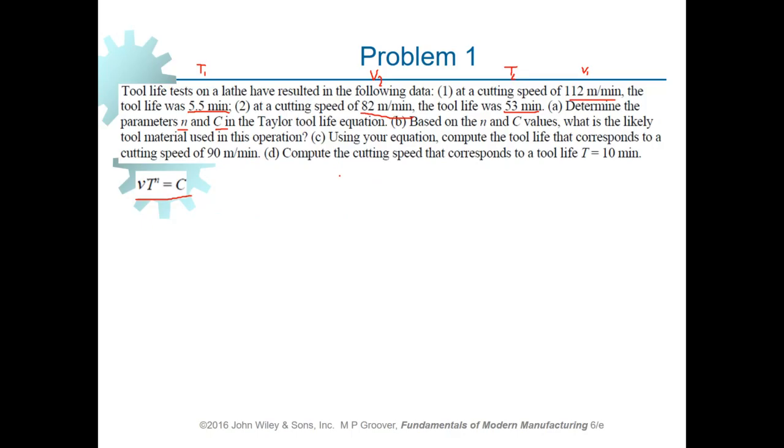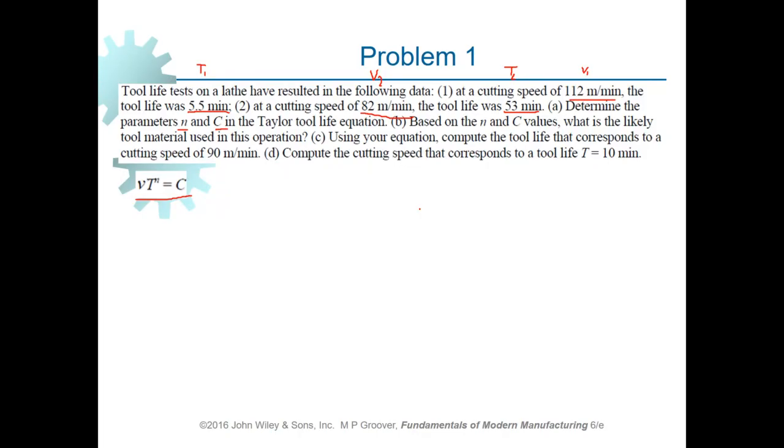Now let's get started with part A. On the basis of the information given, we have two values of T and two values of V, and we need to compute the unknown values of N and C. Well, what comes to your mind? How do we do this problem?